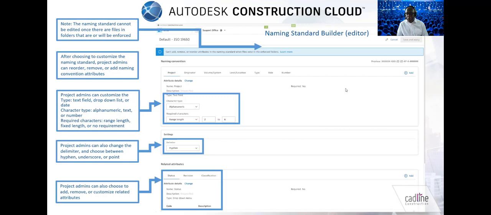Project admins can also change the delimiter between hyphen, underscore or point, and they can also choose to add or remove customized related attributes. So there are two aspects. The top half of the environment, they're the mandatory ones, and the bottom half of the environment, they're the optional ones. And I'll, as I say, explain more of this when I do my demonstration.